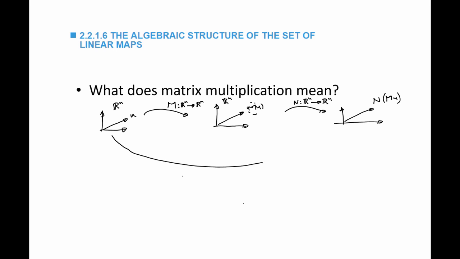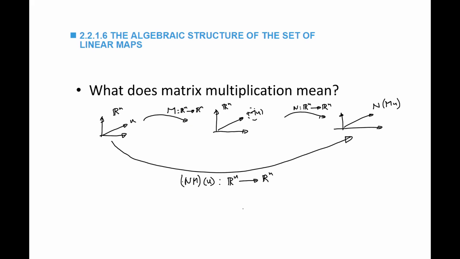When I multiply the matrix M by the matrix N, I get this NM multiplied by u, which is a linear map, and this matrix NM can be found by multiplying the rows of N by the columns of M. And so this gives me the map that corresponds to first multiplying by M and then second multiplying by N.